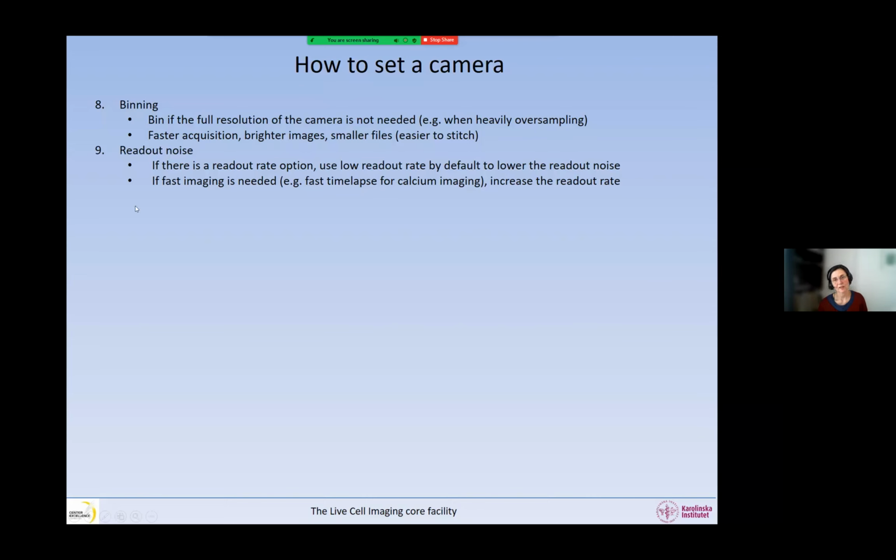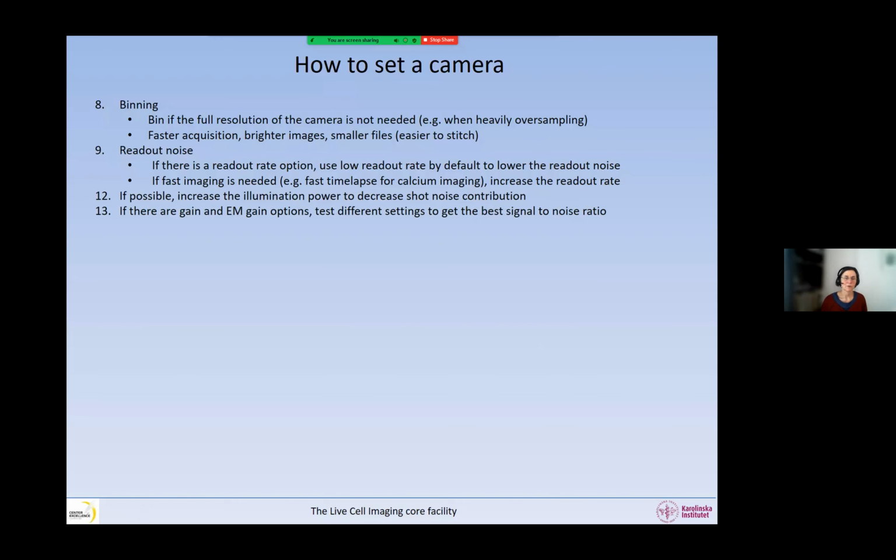But if you want to image fast, then you have to increase the readout. And then, of course, as always, if you can, increase the illumination to decrease the shot noise contribution. And if you have some extra gains, you can also test to see what the best signal to noise ratio each gain gives you.